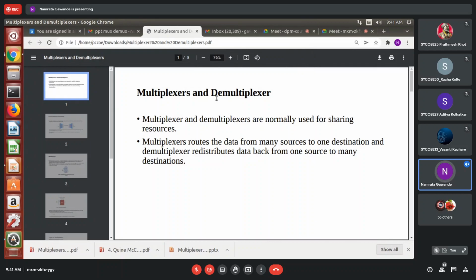Similarly, in computer networking, many computers need to access a common printer or other shared hardware device. That is where the mux and demux concept is used. So basically, mux and demux are used for sharing resources, for shared devices.